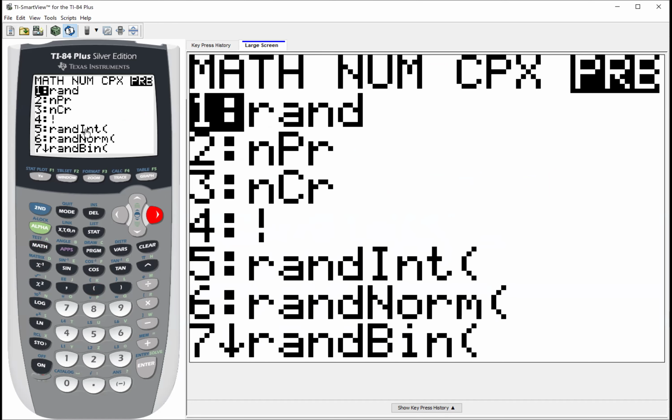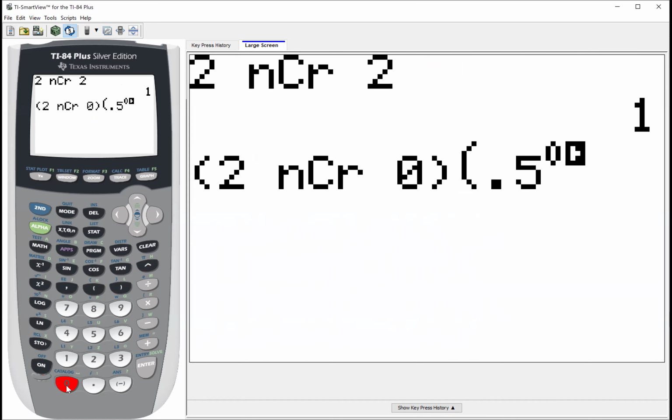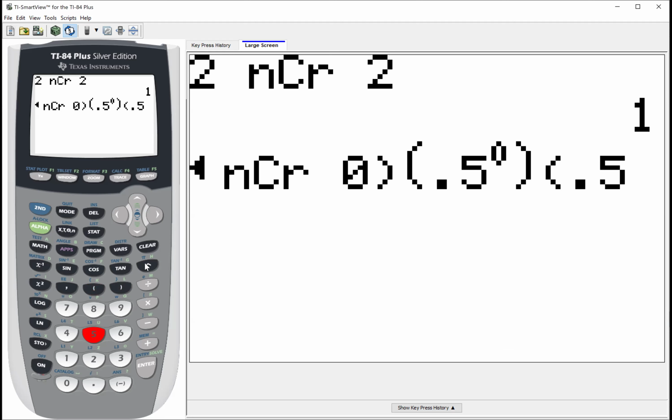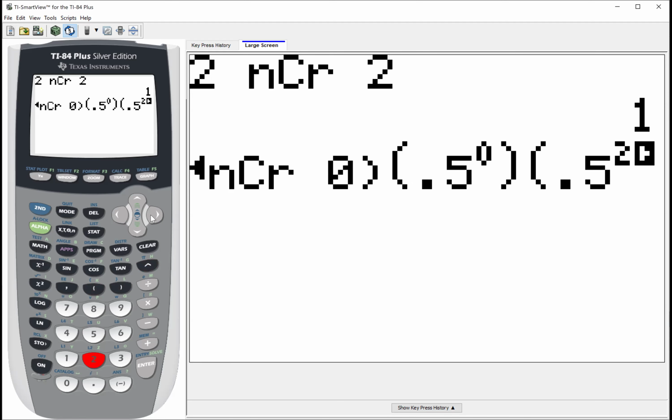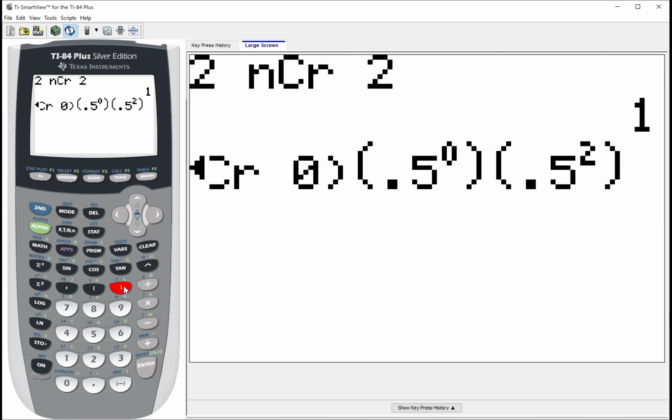So math over to probability, and it's option 3. So 2 choose 0. Close the parentheses. Now I'm going to take 0.5, and I'm raising that to the 0. Close your parentheses. Now open, and we have to do 0.5 raised to the 2 minus 0, which is 2. Close your parenthesis. So that's the first part of the binomial formula for 0 successes.